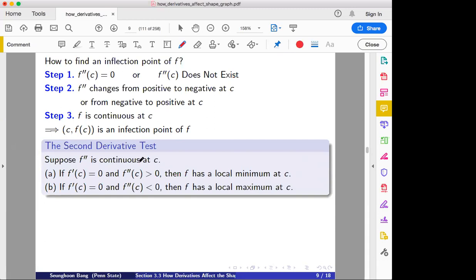So this makes sense. I can draw the graph. This is very clear. The graph is like this. You can choose point C here. What is f prime of C? Yes, 0. Exactly, a horizontal tangent line. What is the second derivative at C?